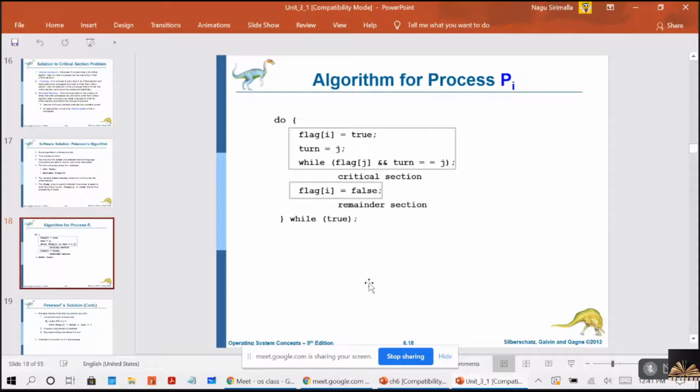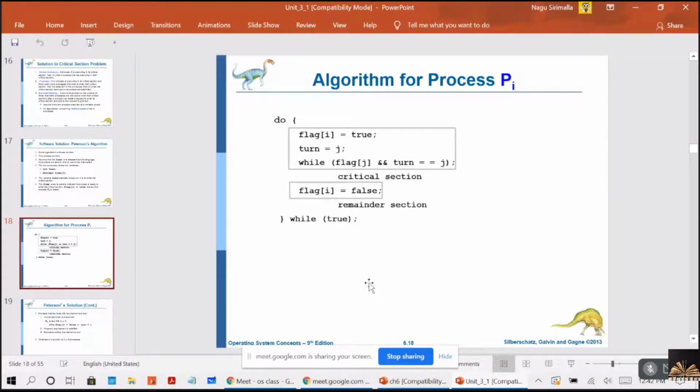After that, when it is exiting the critical section, it will make flag of i is equal to false. Now Pi is out of the critical section. Now it is not ready to enter into the critical section because it is executing the remainder part, right?